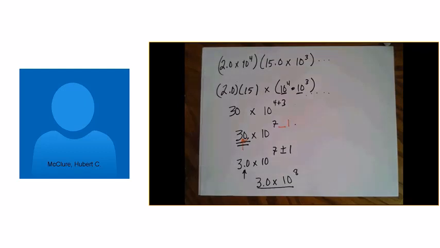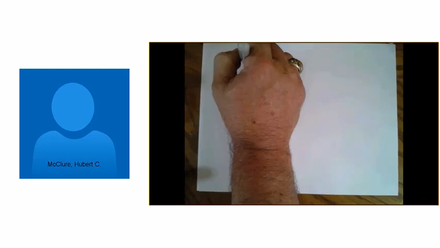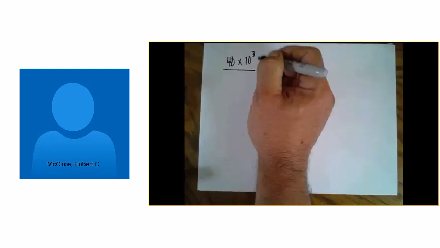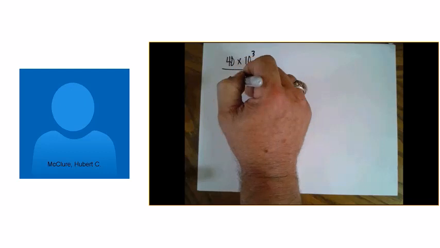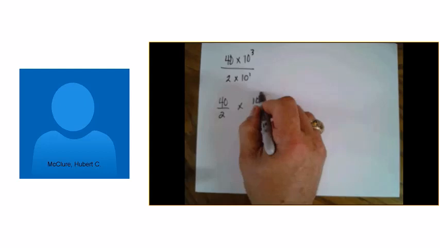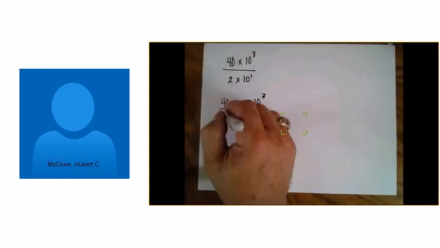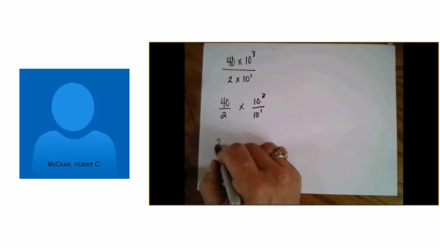All right, let's do a division problem. And the division problem says 40 times 10 to the third divided by 2 times 10 to the first. 40 divided by 2 times 10 to the third divided by 10 to the first. 40 divided by 2 is 20.